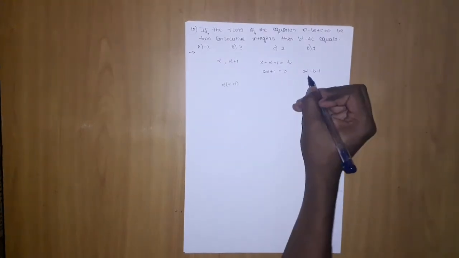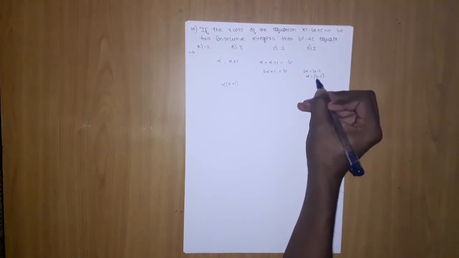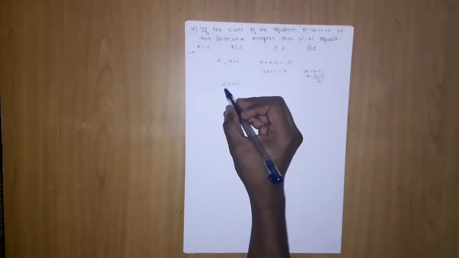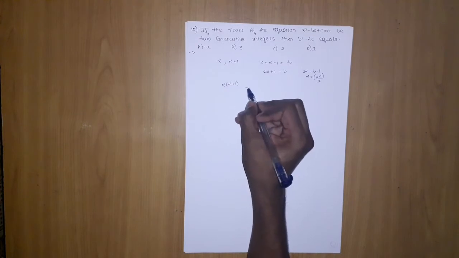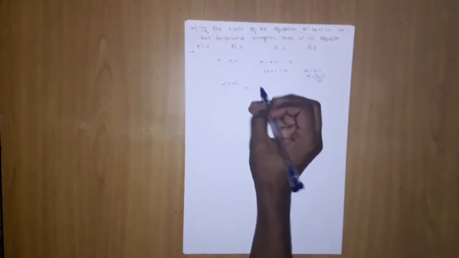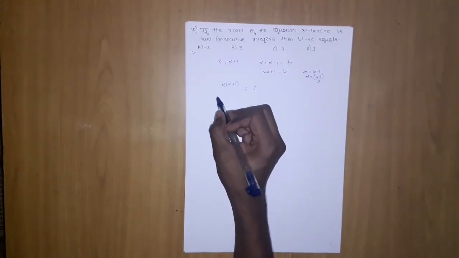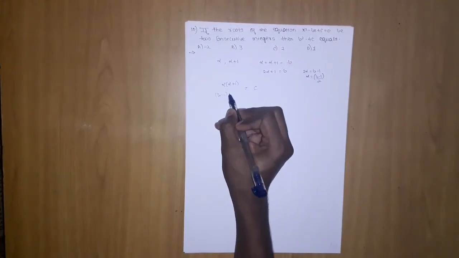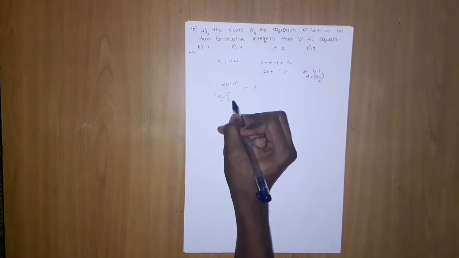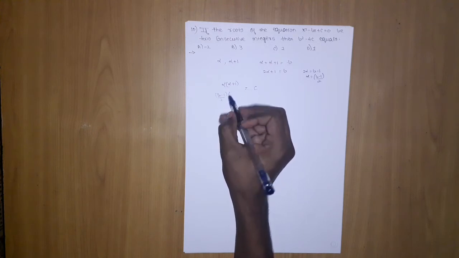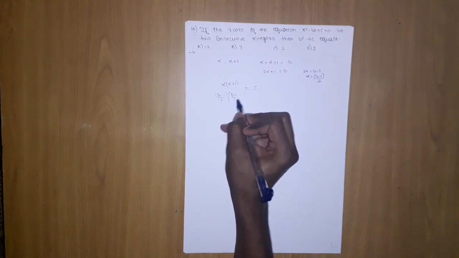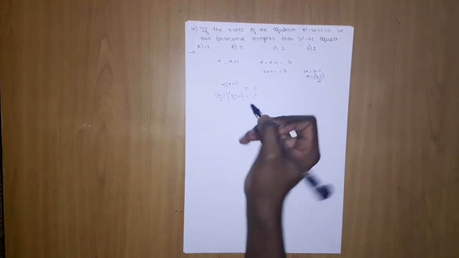Let's find the alpha value, which will be b minus 1 by 2. Okay, I think it should be applicable here, so it should be equal to c, right guys? Now if I substitute the b value here, it should be b minus 1 upon 2, and here when I put the alpha value b minus 1 upon 2 plus 1, it should be equal to c.